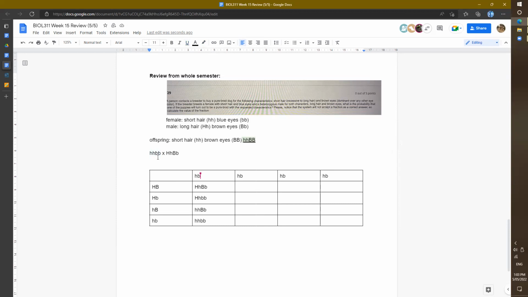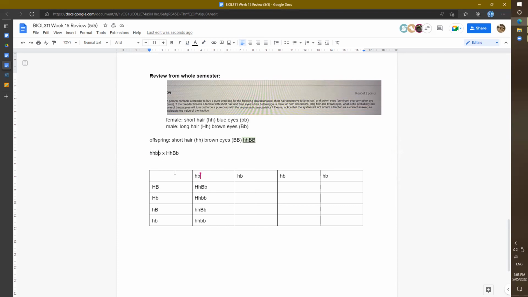So I guess I was right that you have to look at an individual parent and see what kinds of gametes they can produce, which will then go into a cross between the two. I was panicking and not confident in myself, but we can see that this female can only give a little h and only give a little b, because those are the only types of alleles that they have.